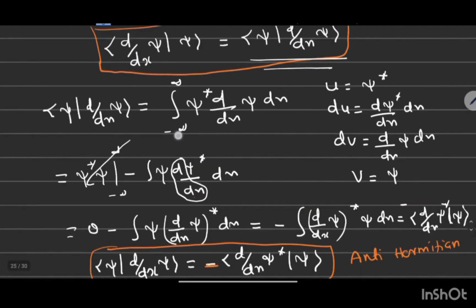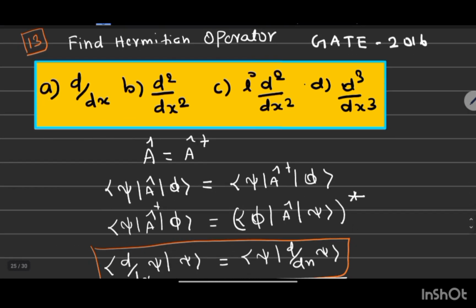Okay, so in the four options this is anti-Hermitian, whereas this would be a Hermitian operator, and i times d by dx will be again anti-Hermitian. You can see here this can be written as d by dx times d squared by dx squared.